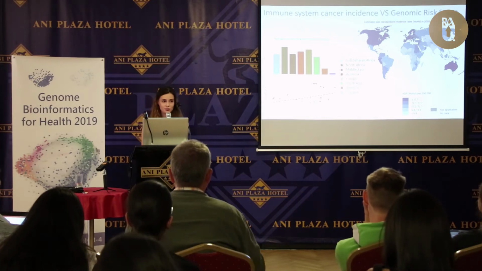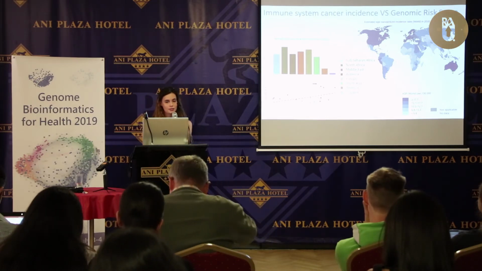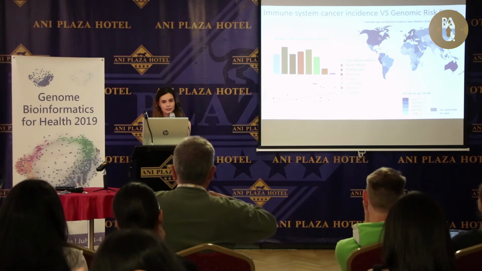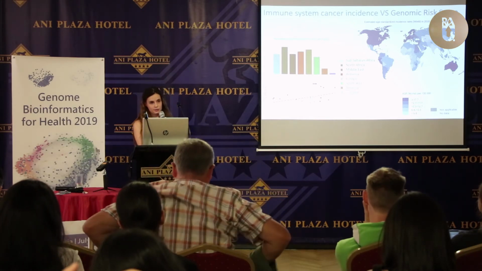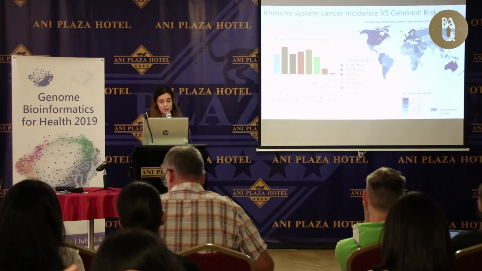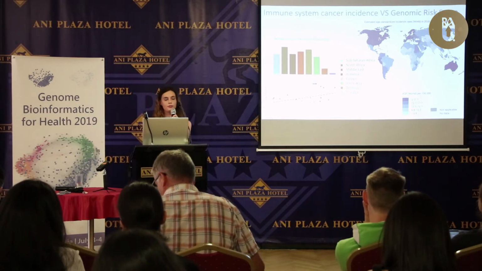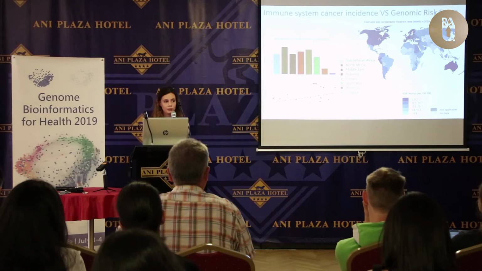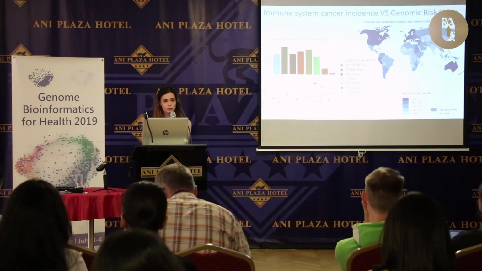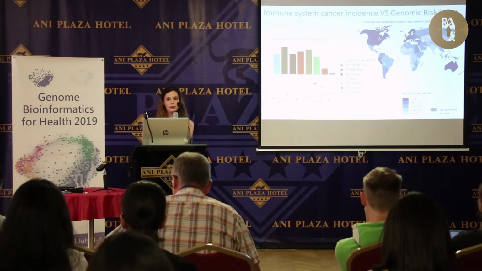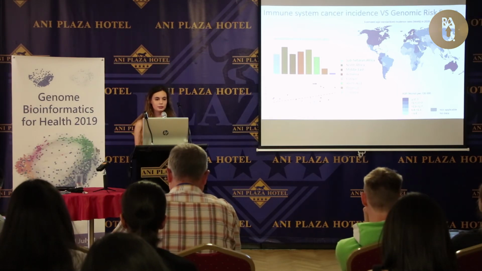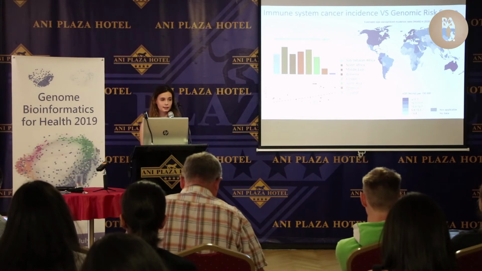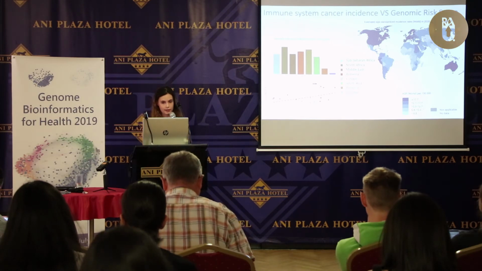However, it's important to mention that in this analysis we have reported only genetic risk, but development of complex diseases, which include the immune system diseases, is also influenced by lifestyle, environment, and epigenetic factors, which are not considered here. However, we wanted to try to evaluate the impact of risk alleles in this disease development.